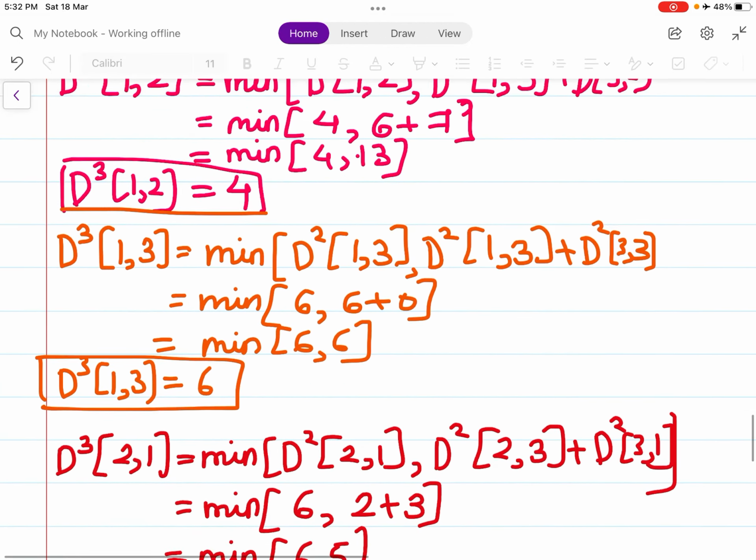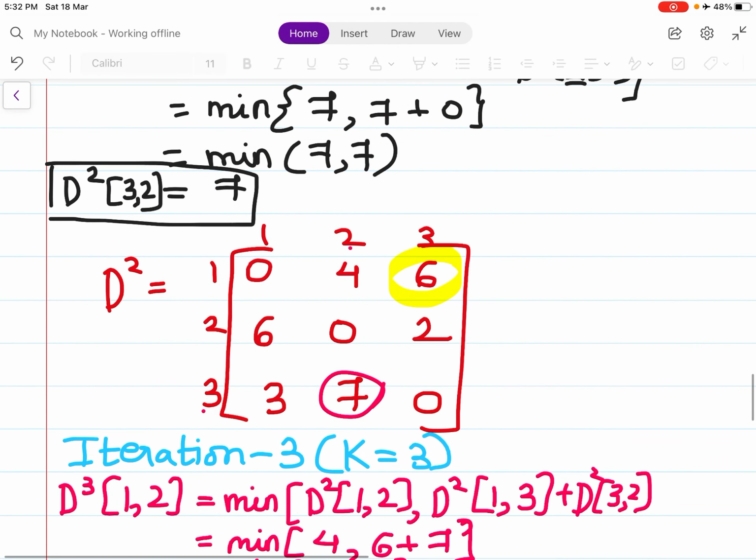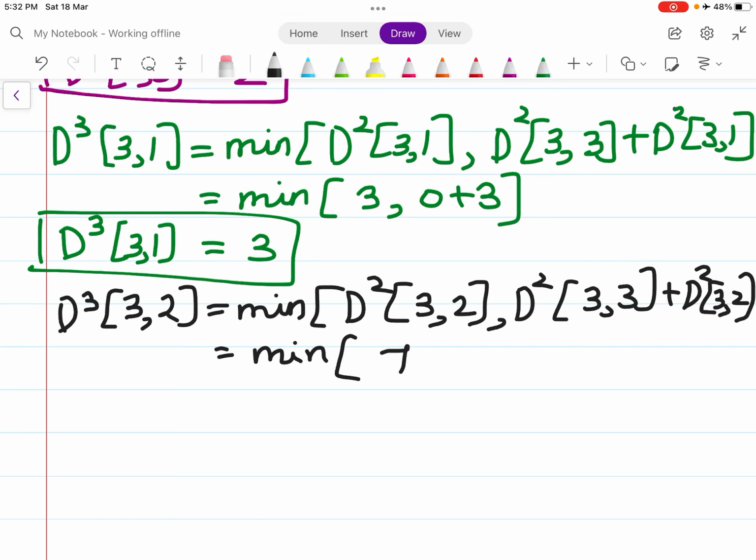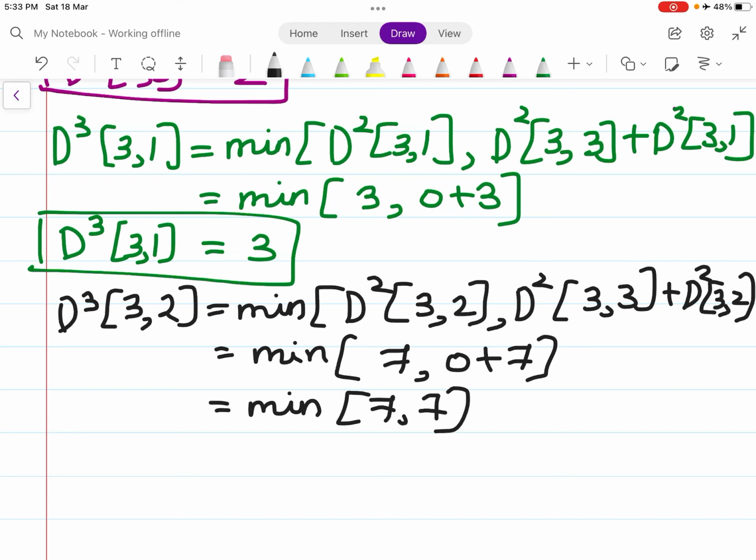Minimum of 3 comma 2 is how much? 3 comma 2 is 7. So minimum of 7 comma 0 plus 7. So minimum of 7 comma 7, that is D3 3 comma 2 is equal to 7.